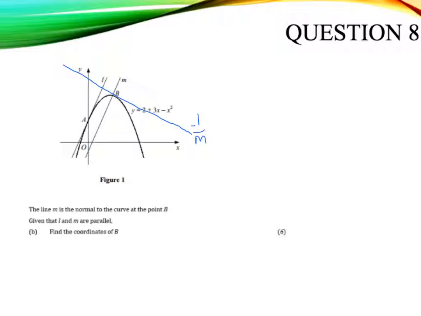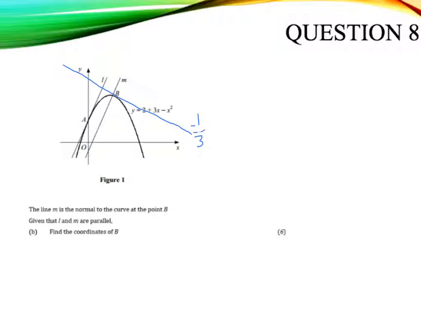Well, I know what m is. We worked it out before. We said it was 3. So the gradient of this line is minus 1 over 3, or minus a third.